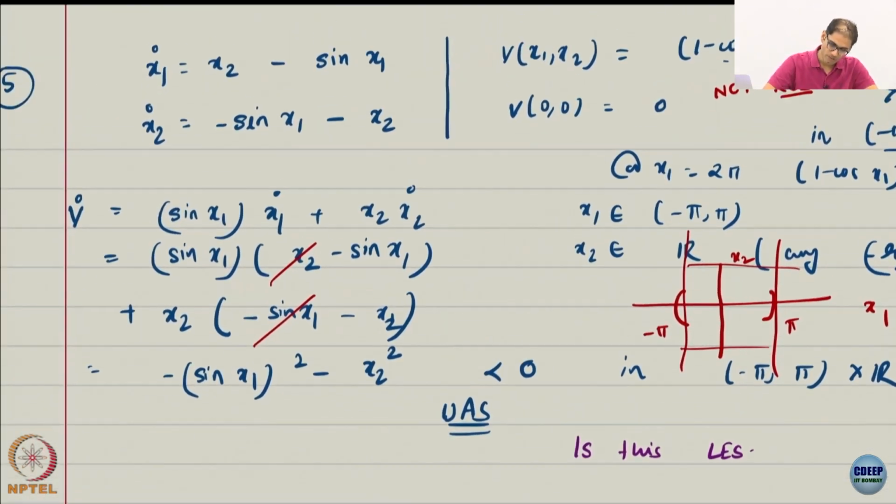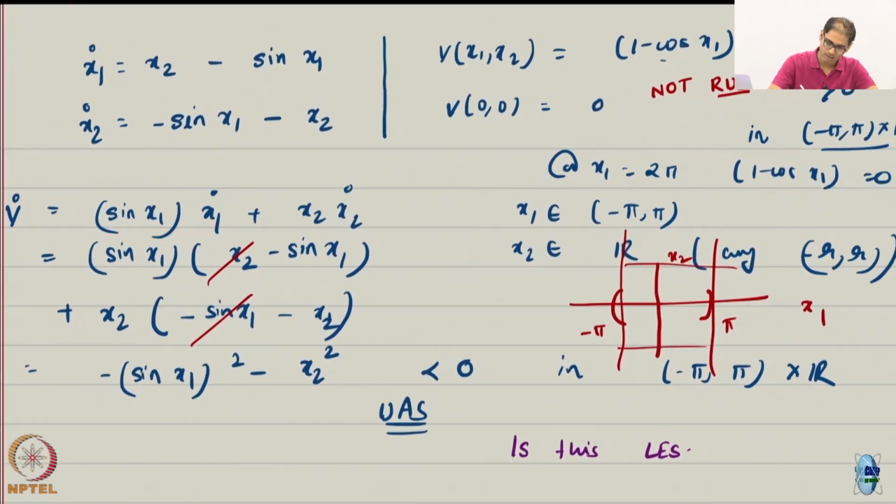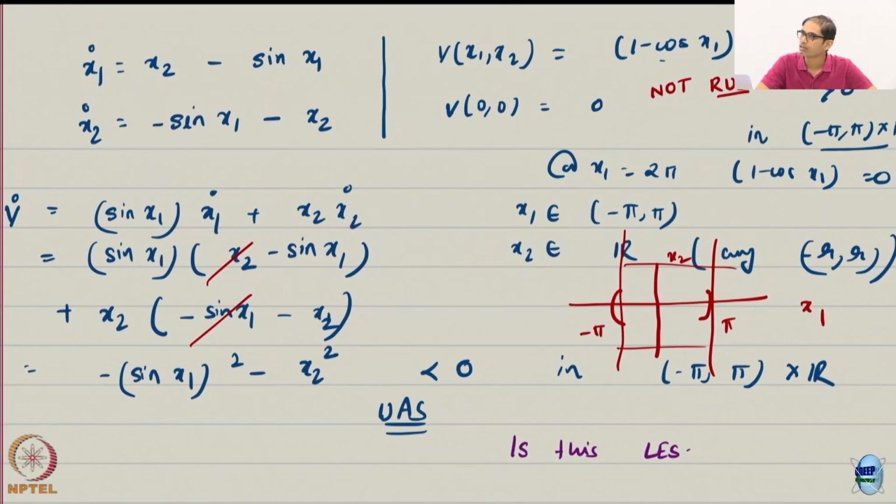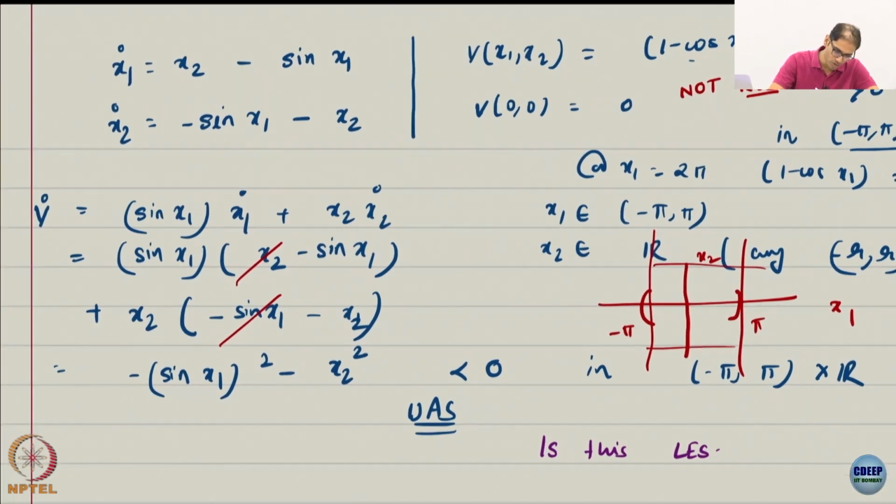Now if I compute V dot, as always, I will get sin x1 dot from here and x2 dot from here. Now I substitute for x1 dot, so sin x1 and x1 dot I substitute here, and x2 dot I substitute here. Again, not doing anything too complicated, I am simply substituting the derivatives.